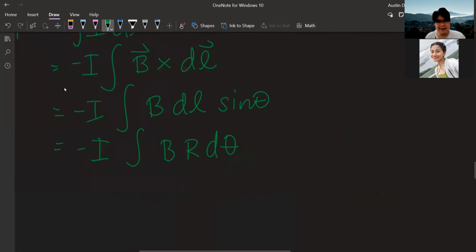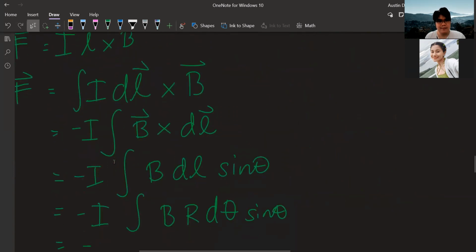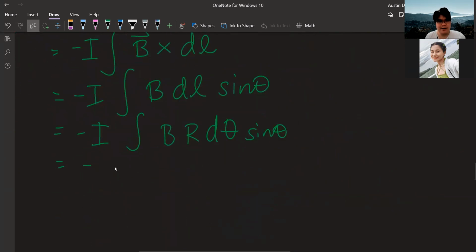And then, we have sine theta on the side. So, meron akong negative I R B sine theta d theta.